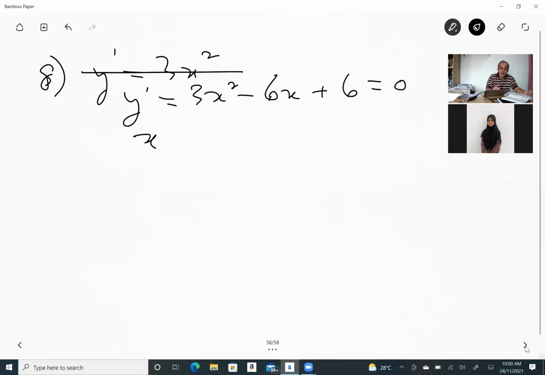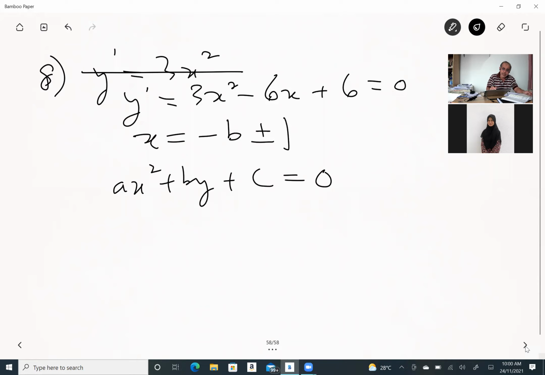So what is the formula for the roots? You get x equal to what? For the equation ax squared plus bx plus c equal to 0, it should be negative b plus or minus the square root of b squared minus 4ac, everything divided by 2a. Right?